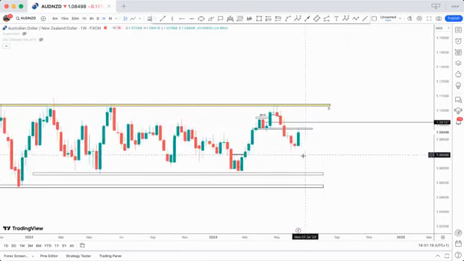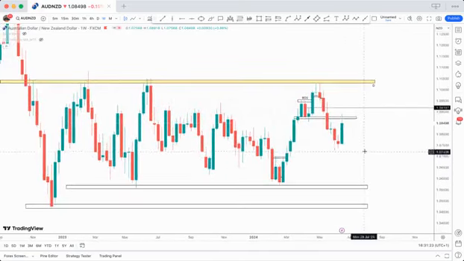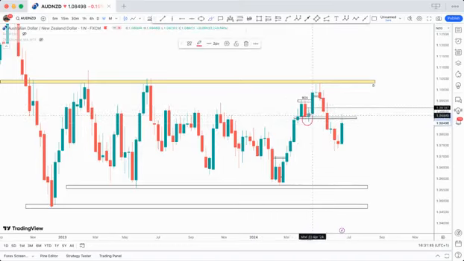Let me try to zoom out a little bit. Okay, so you can see this is the weekly time frame. For a whole period of 1 week, which is 5 trading days, Monday to Friday, price used that to retest this broken structure.